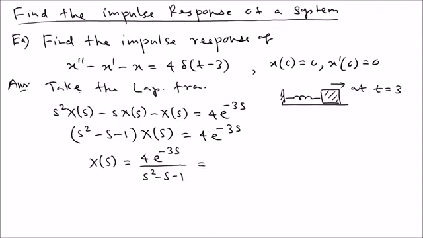So X of s equals 4e to the minus 3s over s squared minus s minus 1, and you can see that there are no factors for the bottom function. So what we can do is go with the completing the square technique. So let's do that. It is 4e to the minus 3s. What's the completing square here? So it is s minus half of the coefficient of the s term, that is 1/2. We can square that, so it's going to give you the first two terms, and it also gives 1/4.